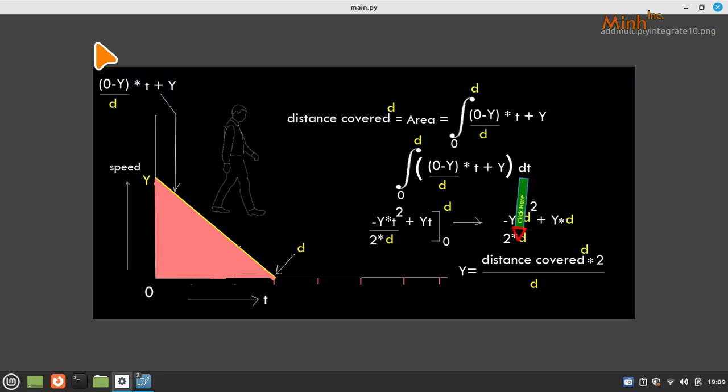I believe this is correct. So y, if I take out, I hope this is correct. So the initial speed y is total distance covered into 2 by d, if it is reaching in d.